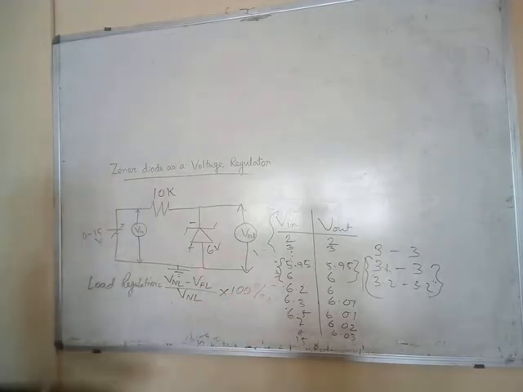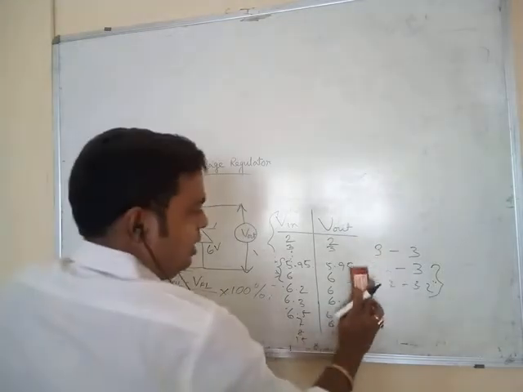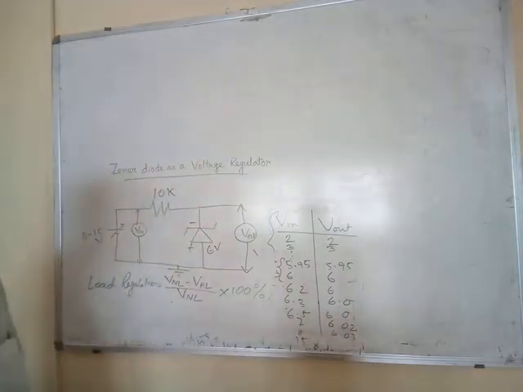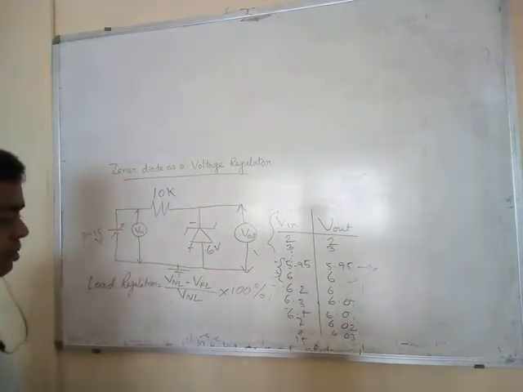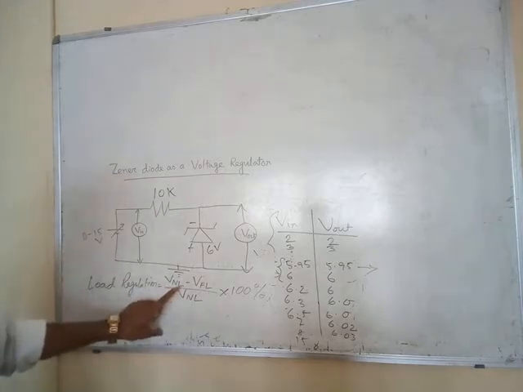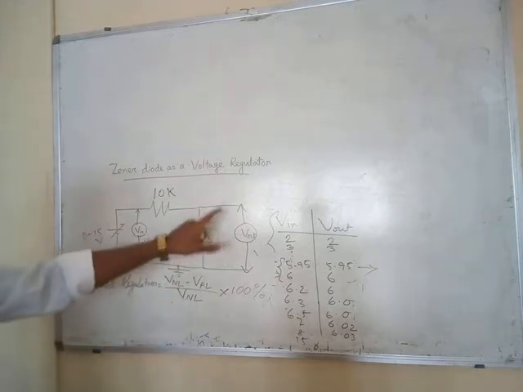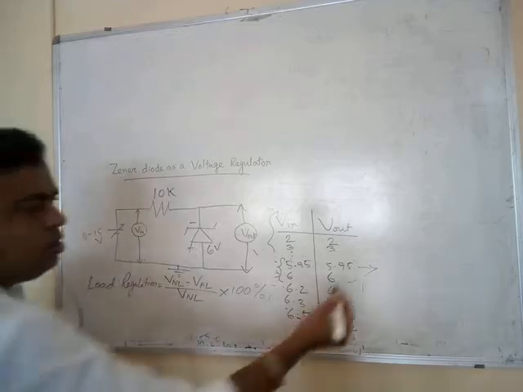So what is VNL? What is VFL? You take any output. Suppose we take this is 5.95. VNL means the voltage at no load. There is no load at the output, so it is VNL.